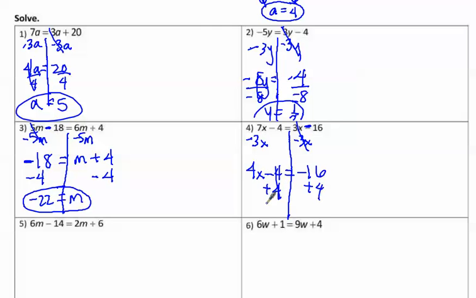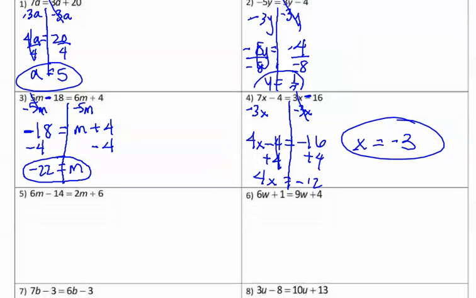So plus 4 on each side, then you get 4x equals 20. Divide each side by 4 to get x equals 5. Sorry, 4x equals negative 12 to give you x equals negative 3. Negative 16 plus 4.